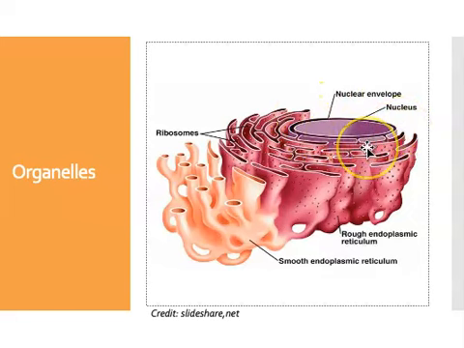So remember, the ER is continuous with the nuclear envelope. The rough ER is actually attached to the outer membrane of the nuclear envelope. You can see that it's really a series of these flattened sacs of membrane. They look like pancakes. And there are tubes connecting the pancakes.